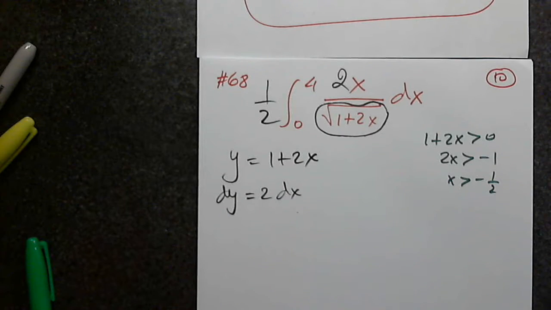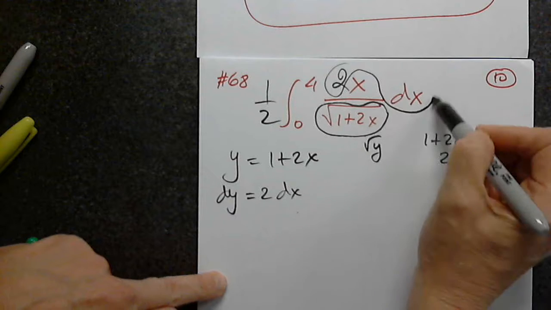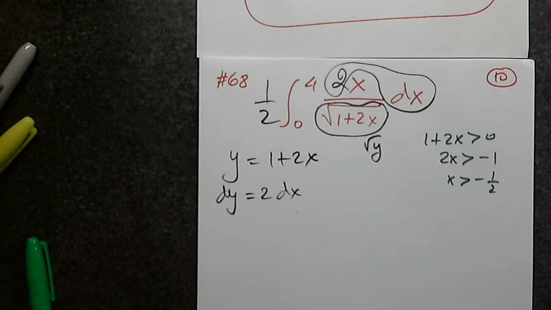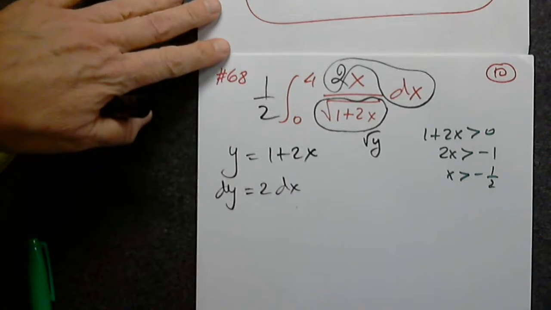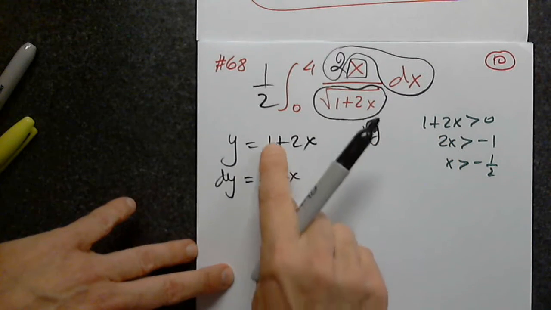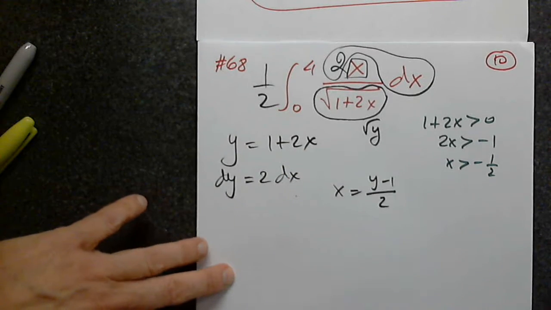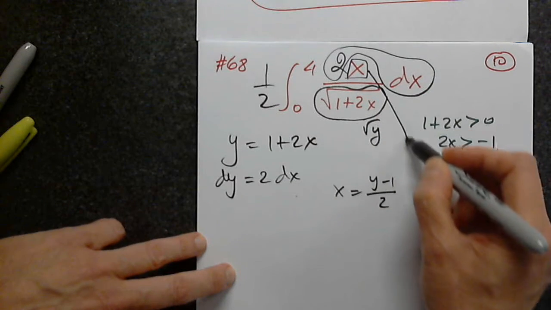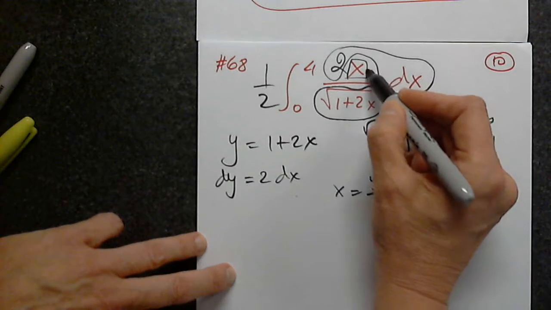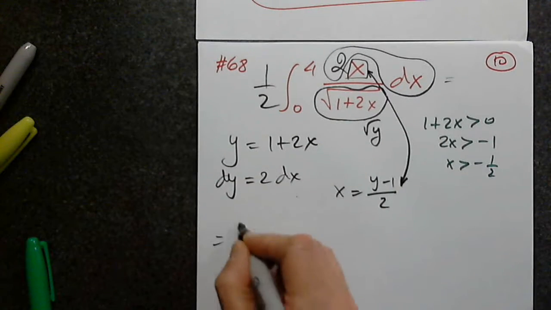So I'm not afraid of that. I have to make up an x. No problem. How do I make up this? Exactly. So subtract 1 and divide by 2. X equals y minus 1 over 2. So this piece is this. So then 1/2 is outside.